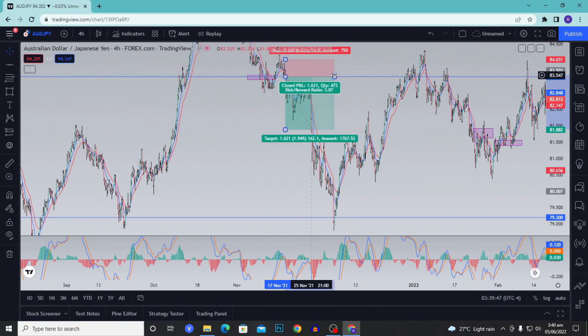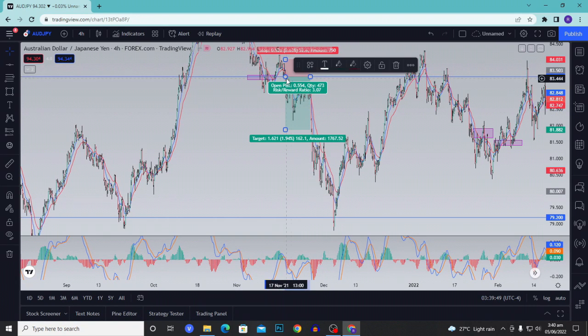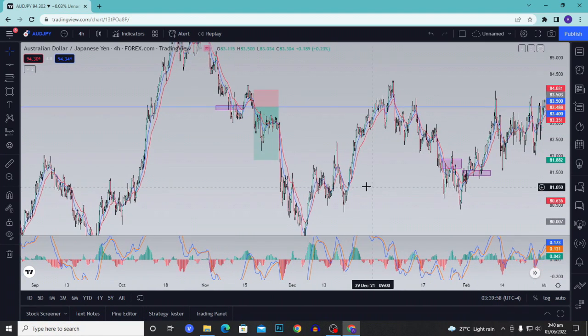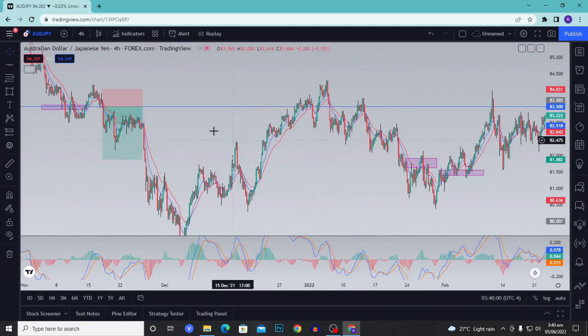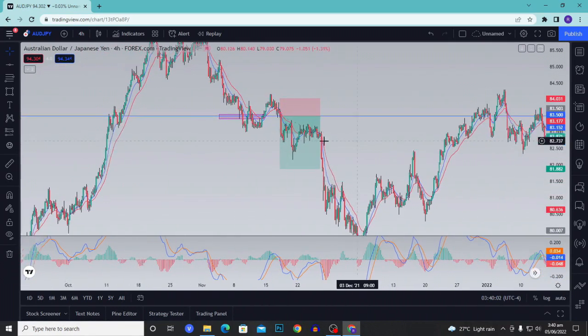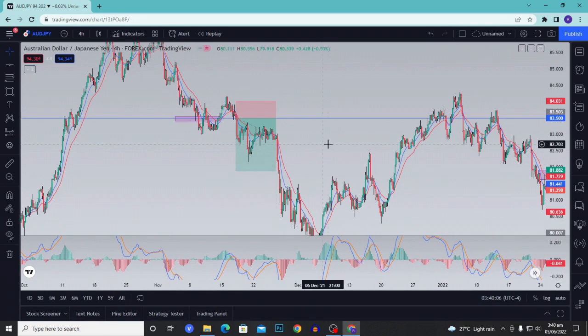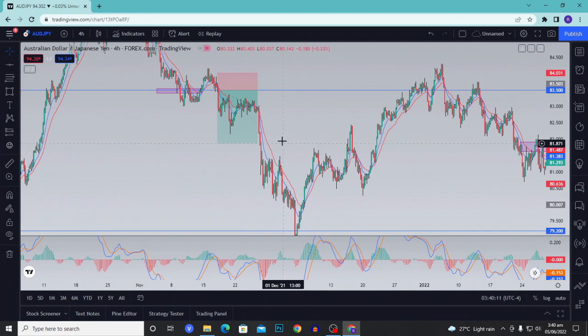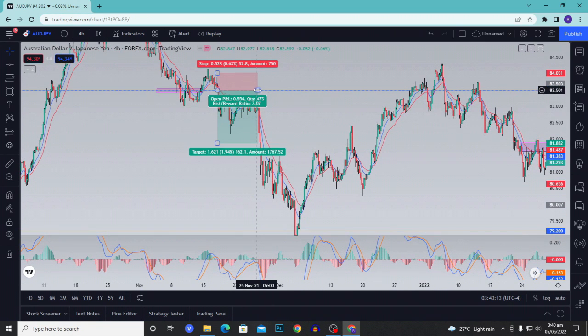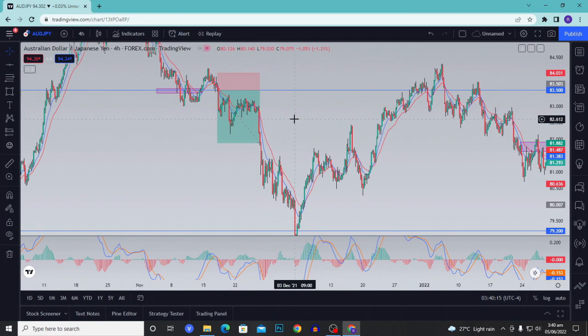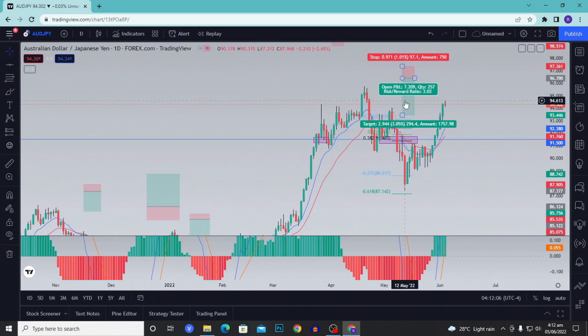Which would have happened in about 8 days, around that, or just short of 1 week, because we don't count the weekends. So less than a week to hit the take profit for a 1 to 3 risk to reward ratio.